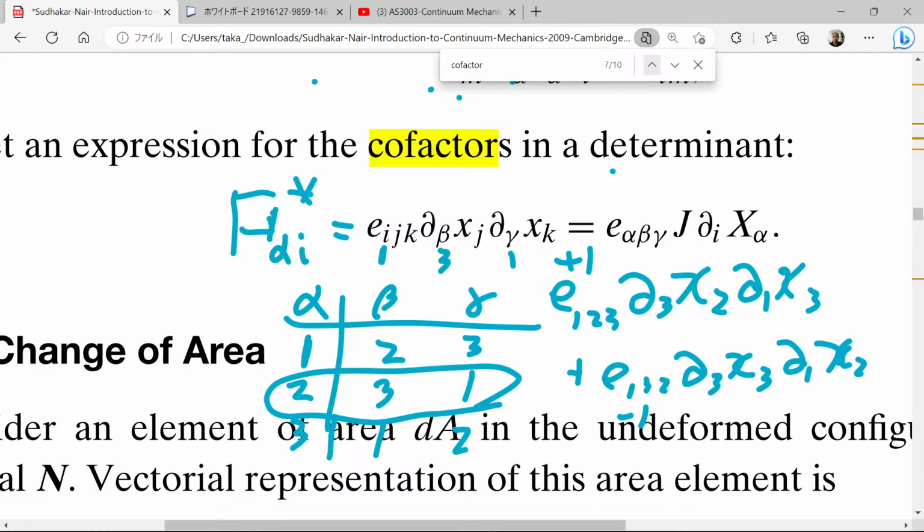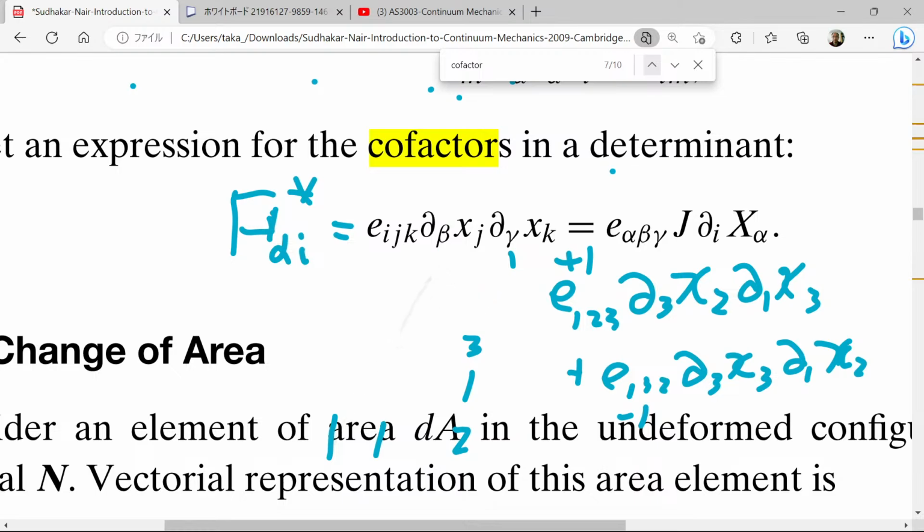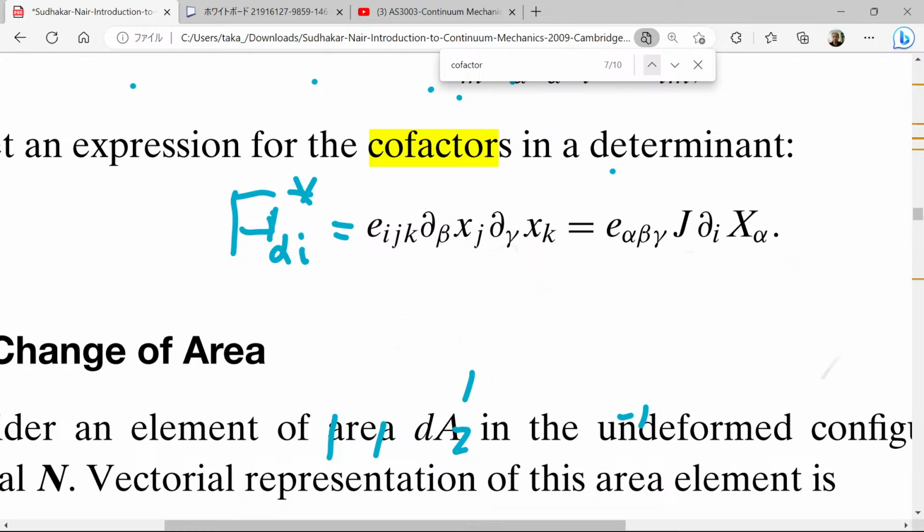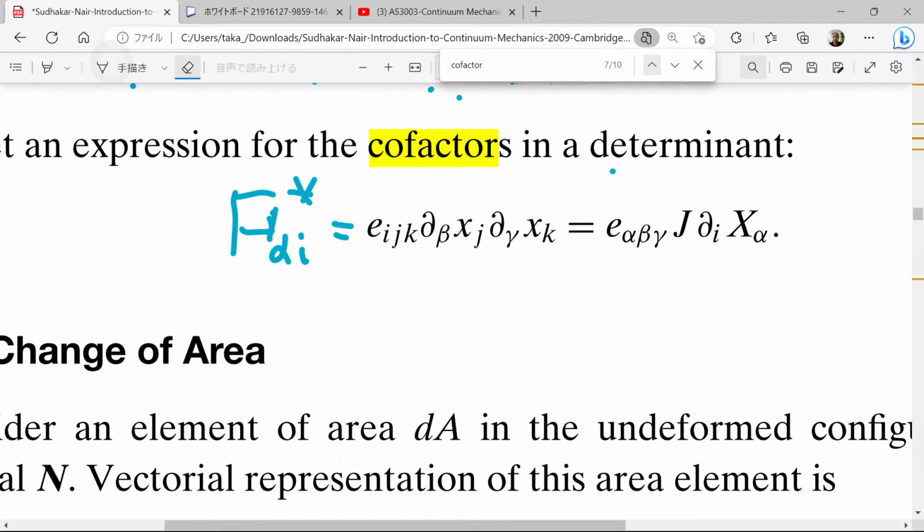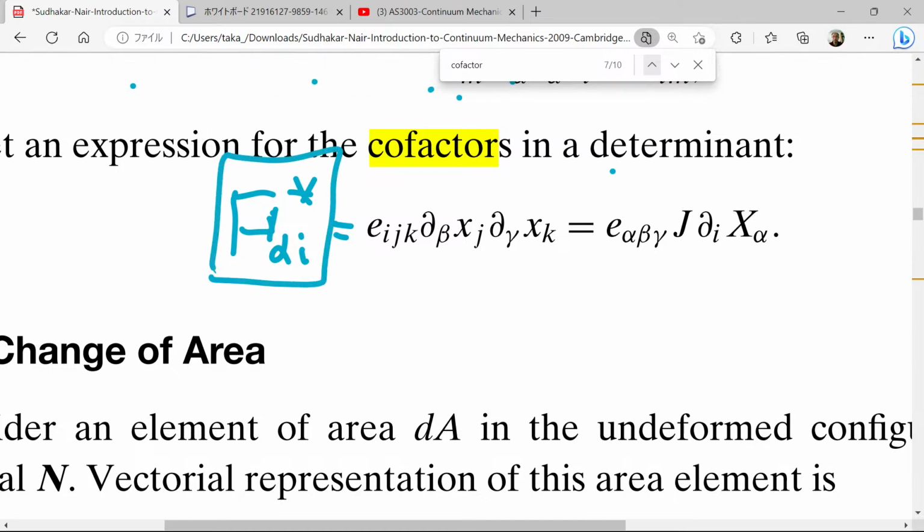Yeah. So actually I would like everybody to check this is indeed correct. So this equation I now delete to make the conclusion clear. This equation here is the equation for cofactor this. But then there's a rule for beta and gamma. This has to be a circular permutation.